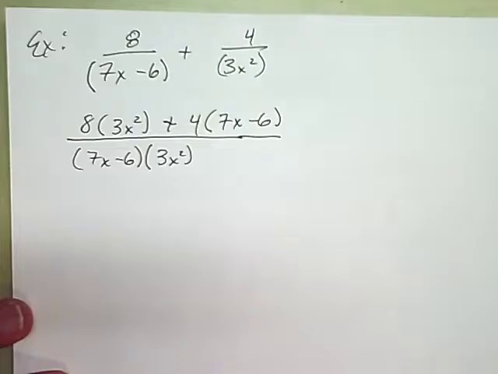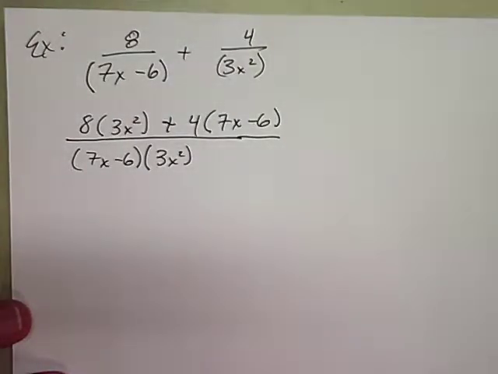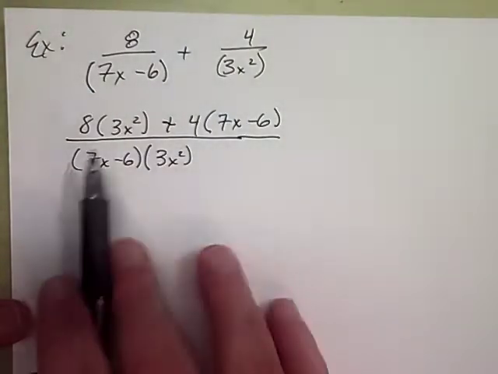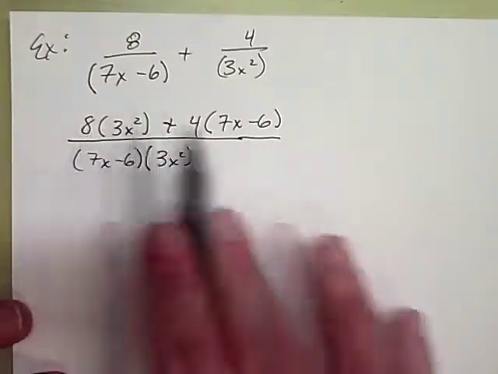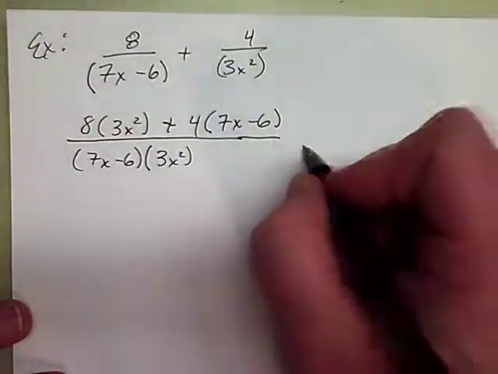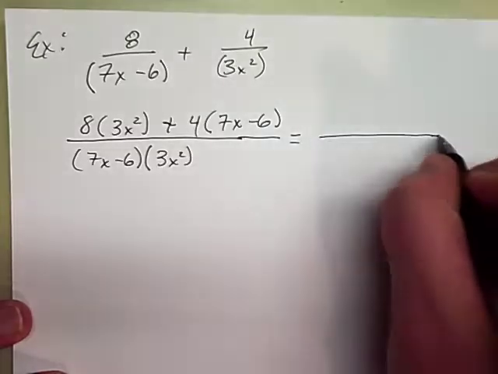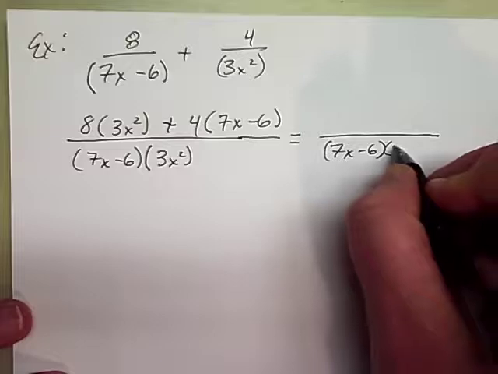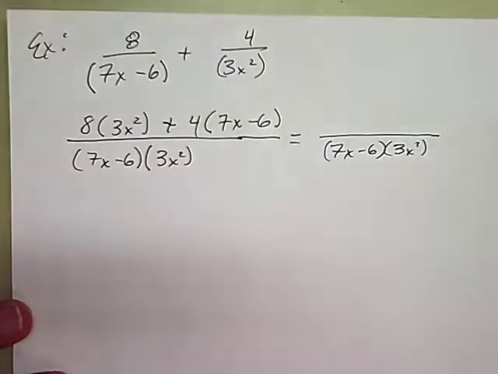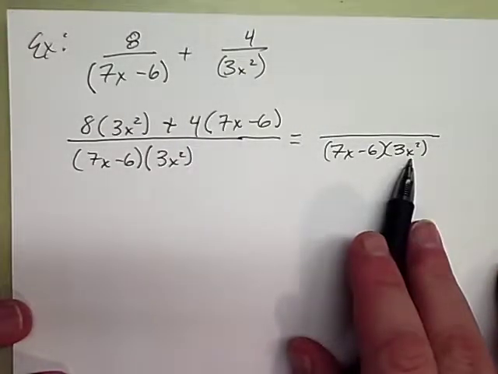Now, I want to break down my parentheses, and now here I'm going to have to multiply and distribute. So we get all over, we have 7x minus 6 is the denominator times 3x squared. All right, that was our denominator.